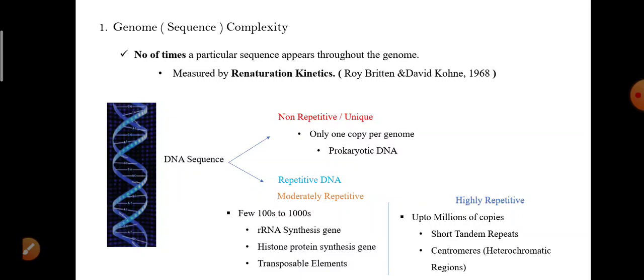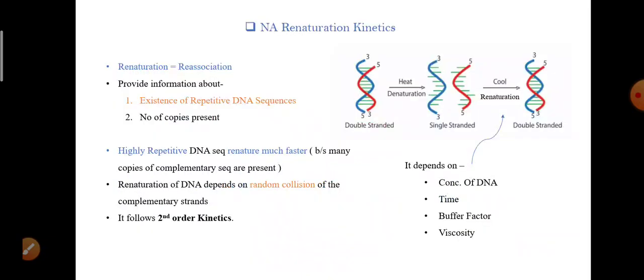And in the next slide, we discuss nucleic acid renaturation kinetics. Renaturation means reassociation, and we utilize the complementary nature of nucleic acid. In the picture we can see a double stranded DNA, and if we denature it utilizing heat, it becomes single stranded.